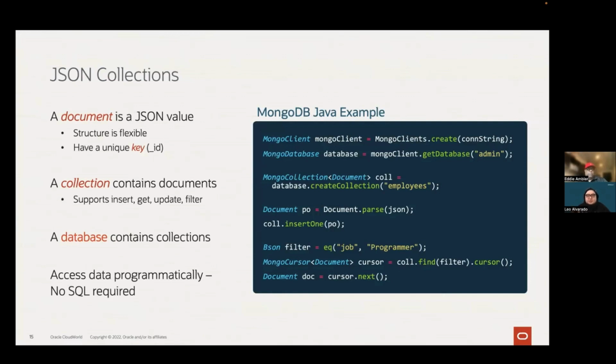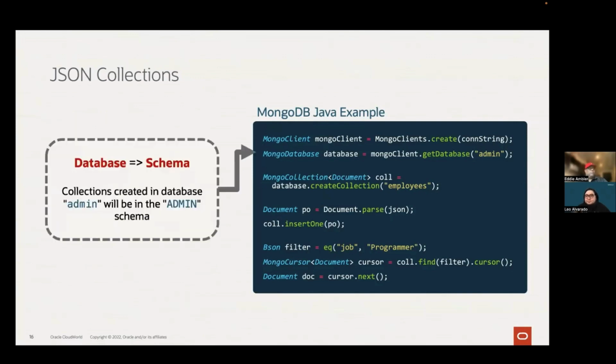So as you can see here in the screenshot, you have a PO document. And then a database contains collections that can be accessed programmatically with no SQL required. Now, your database that contains collections is your schema in the relational model.